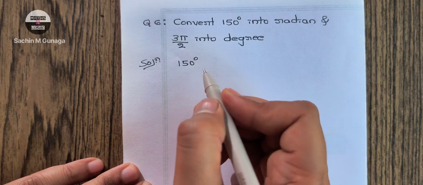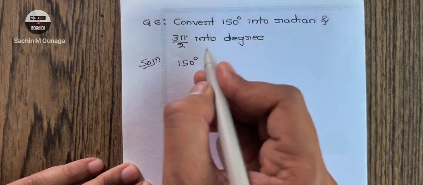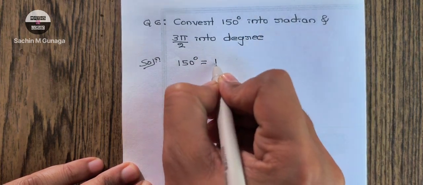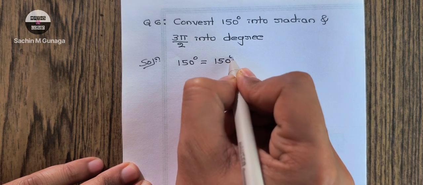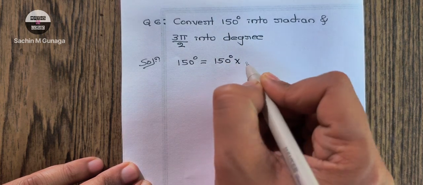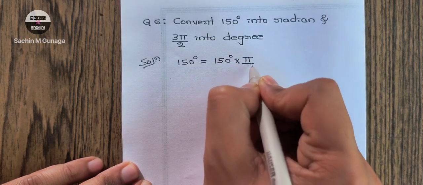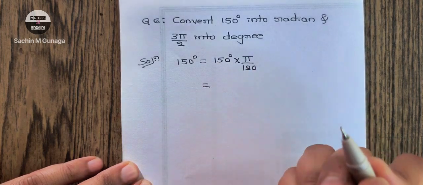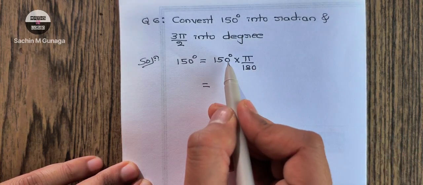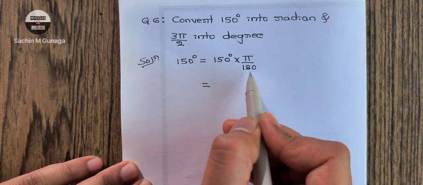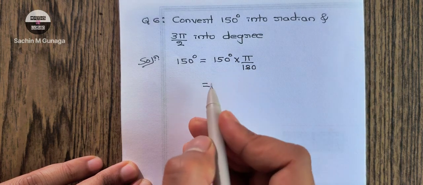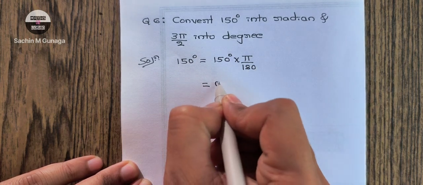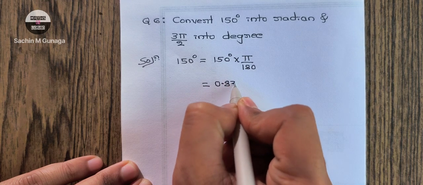Whenever we are converting degree into radian, what we need to do is, for this 150 degree we need to multiply with pi divided by 180. So which is equal to, next 150 divided by 180, if we do it in the calculator directly, it will show you 0.83.